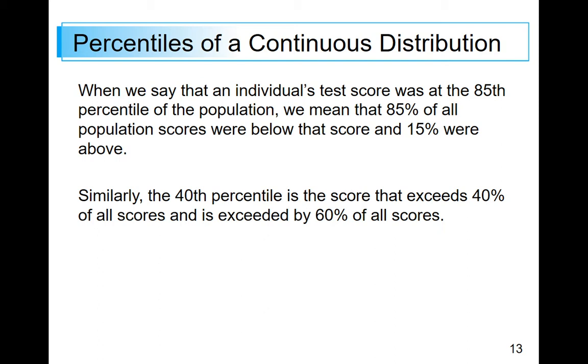If you're at the 40th percentile, that means 40% were below and 60% were above. So the percentile is a number or a score and not a percentage. You talk about the 40th percentile, 40th is your percentage, but the percentile is actually a number on your scale, a number on your random variable.